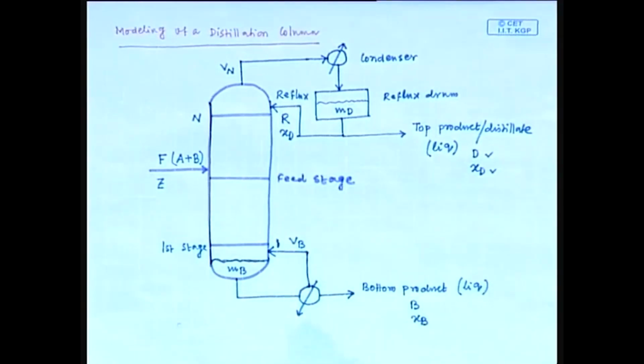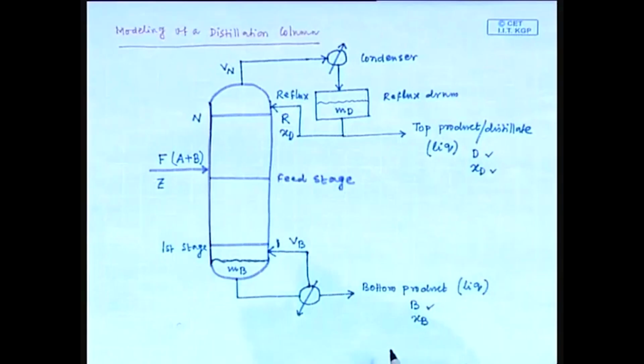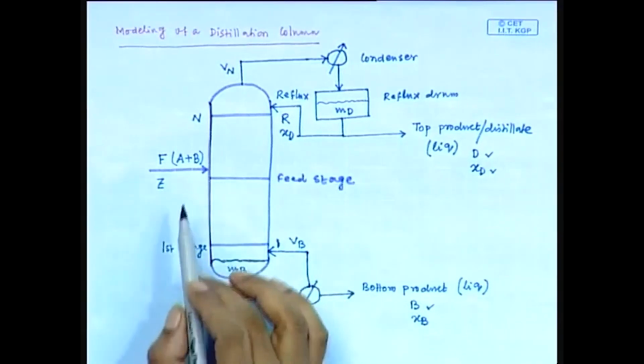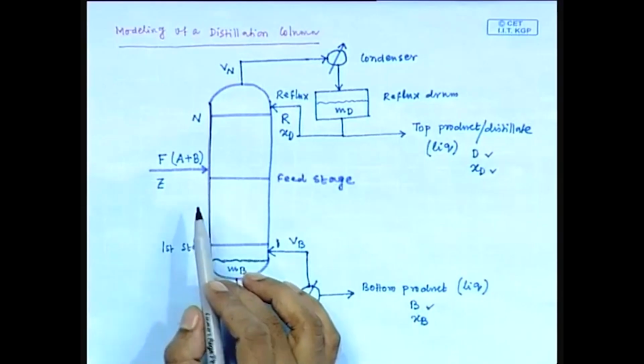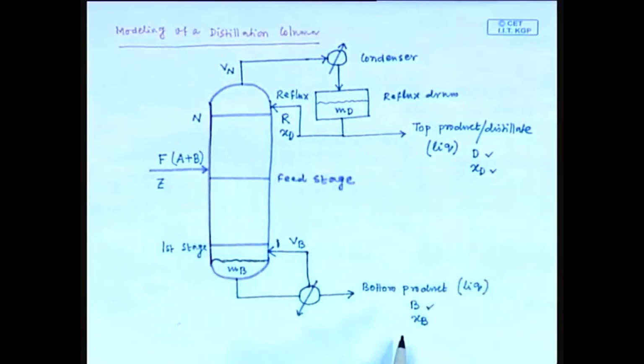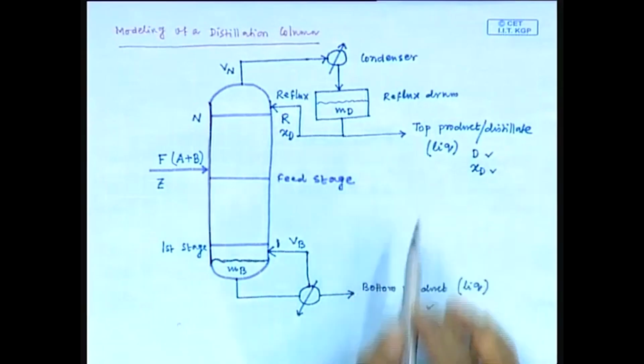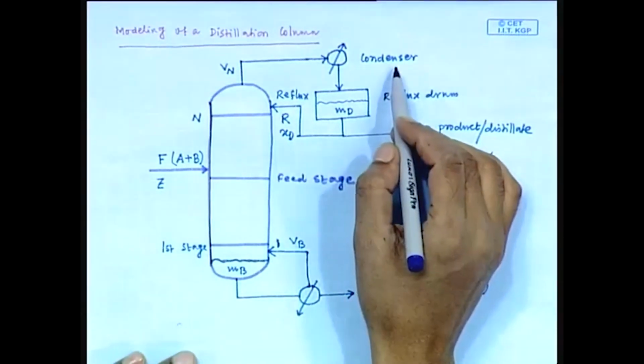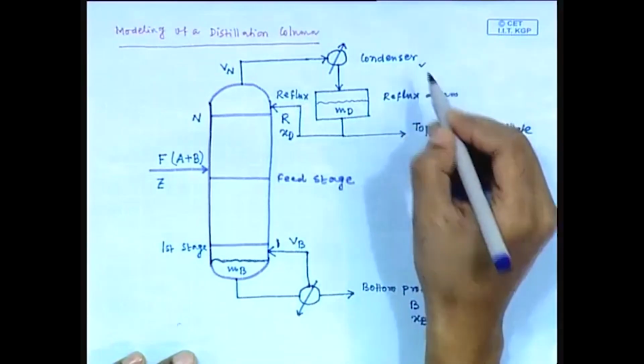The flow rate of this bottom product is suppose B and composition is XB. So, we are basically introducing to this column a single feed stream and we are getting two products, top product and bottom product. Fine.